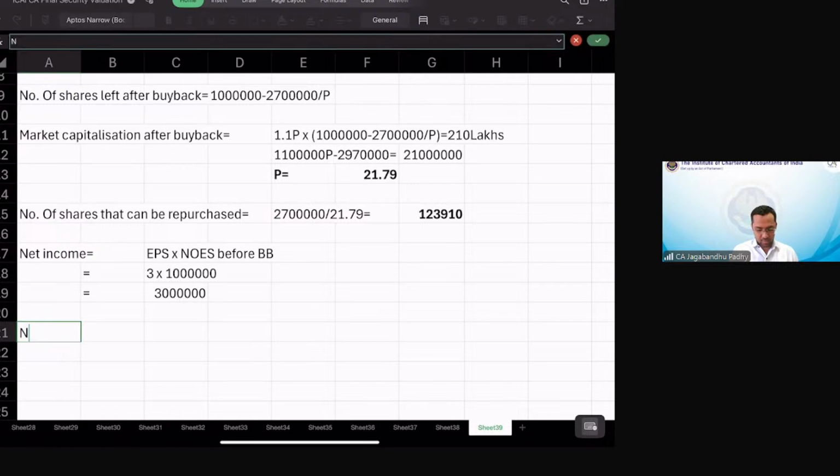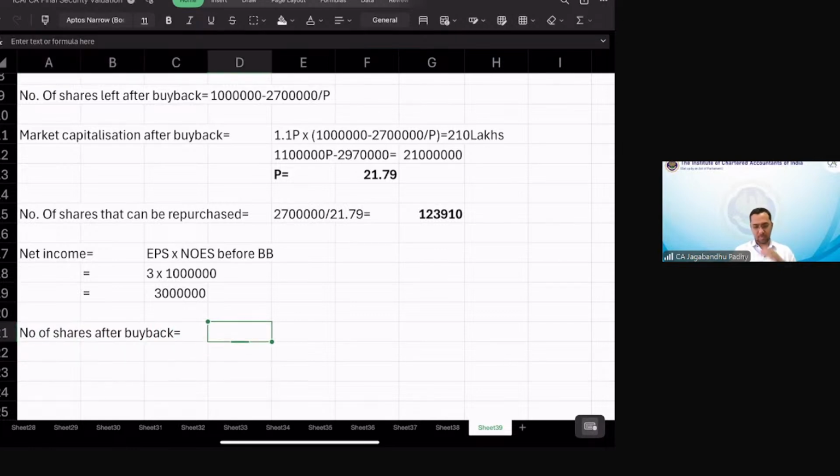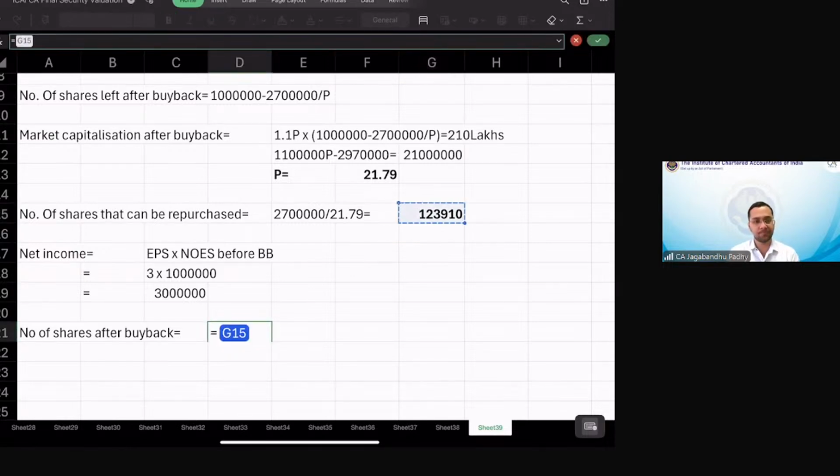Now, what will be the number of shares after buyback? The number of shares repurchased is 1,23,910.